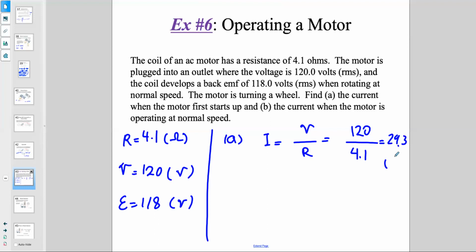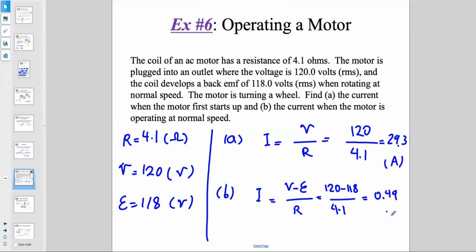So this is the current at the beginning. But then B, the current when the motor is operating at normal speed. At that point, you have enough back EMF. So you have V minus E over R. So you have 120 minus 118, over 4.1, which will be 0.49 amp.